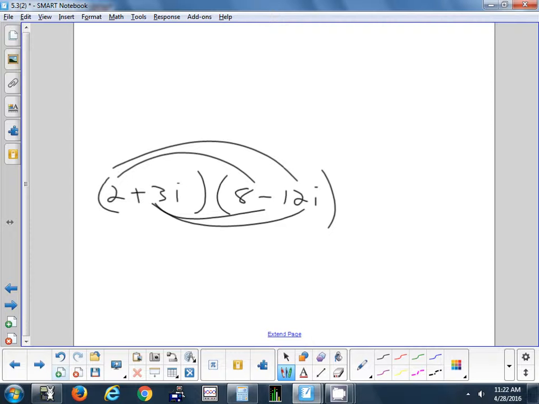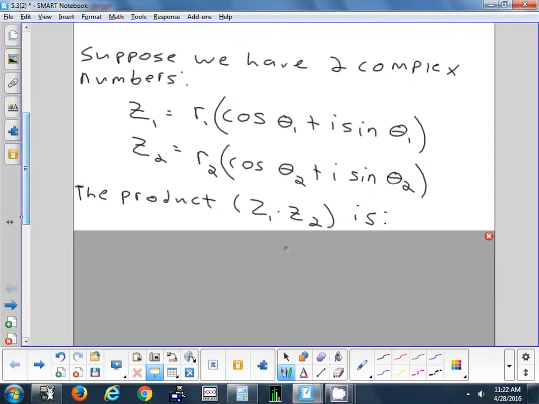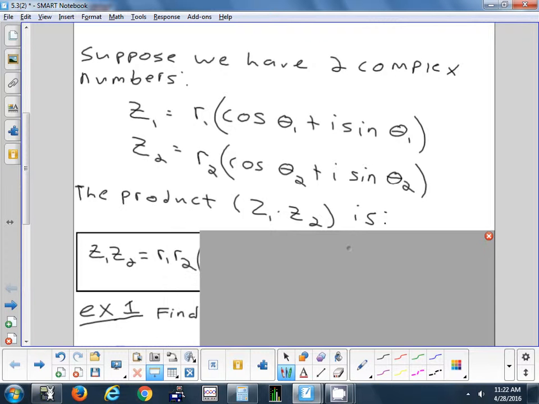We're not going to need to do this at all. If you want to multiply these 2 complex numbers, as long as they're already written in polar, all you have to do is take the 2 radii, the numbers in front, and multiply them together.